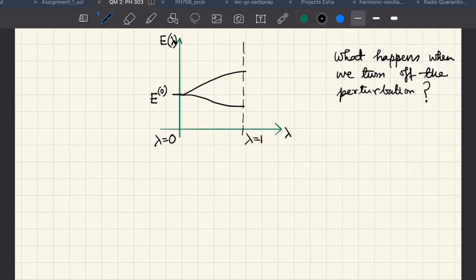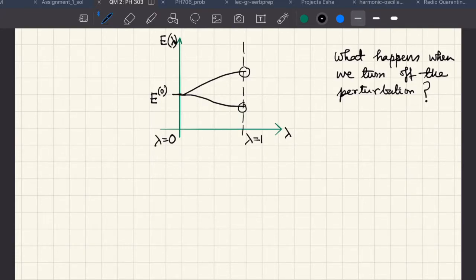See, what happens here is that this upper state, whatever it has split into, reduces to one linear combination of |m0⟩ and |n0⟩, and the lower state reduces to some orthogonal linear combination of them. But we don't know a priori what these good combinations are.